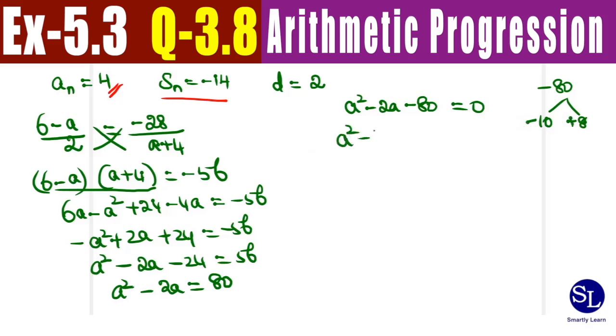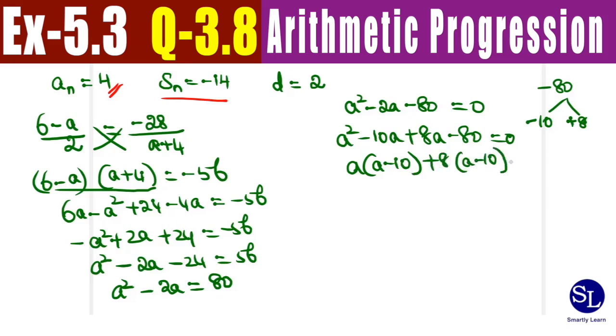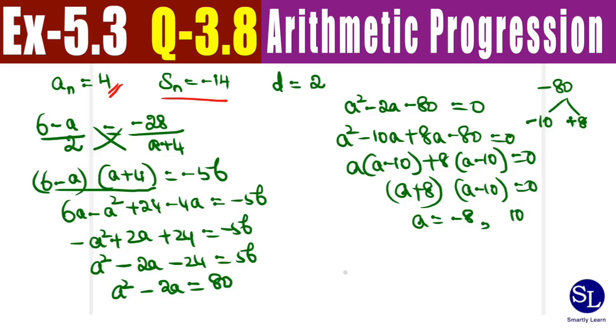So a squared minus 10a plus 8a minus 80 is equal to 0. So a into (a minus 10) plus 8 into (a minus 10) is equal to 0, or (a plus 8) into (a minus 10) is equal to 0. So a could be either minus 8 or it could be plus 10.